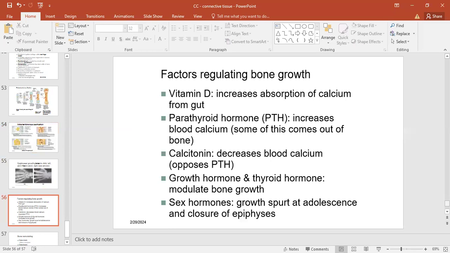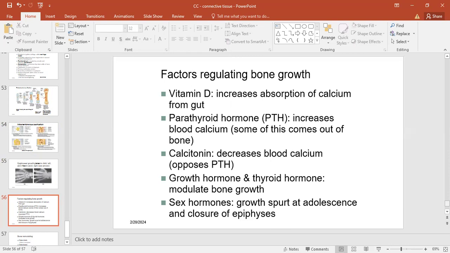Now we have factors regulating bone growth. There are some people whose bones don't grow so much and so they end up being short. So we have things that regulate all of this, for example vitamin D. Vitamin D is one of the fat soluble vitamins that increases the absorption of calcium from the GIT.